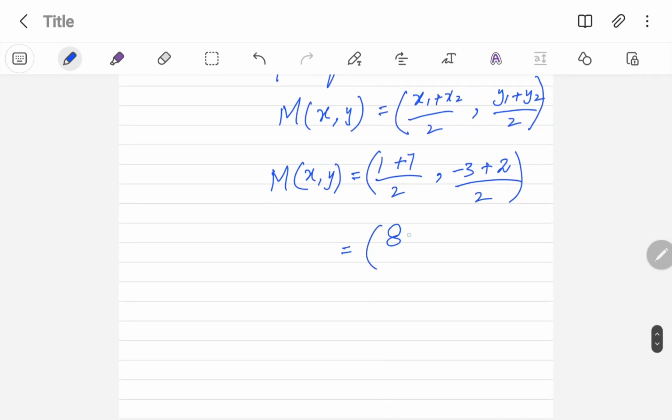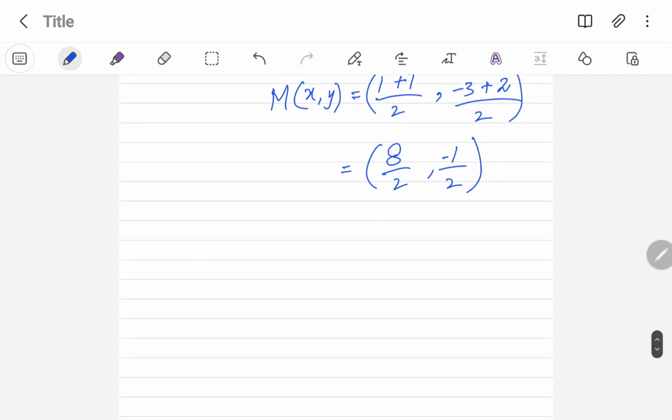It will be 8 over 2 and it will be -1 over 2. After simplification it will be 4 comma minus 1 over 2. It is the midpoint of line PQ, which has the coordinates 4 and minus 1 over 2.